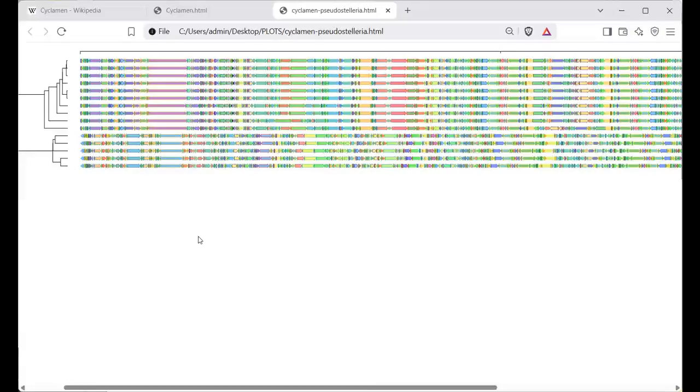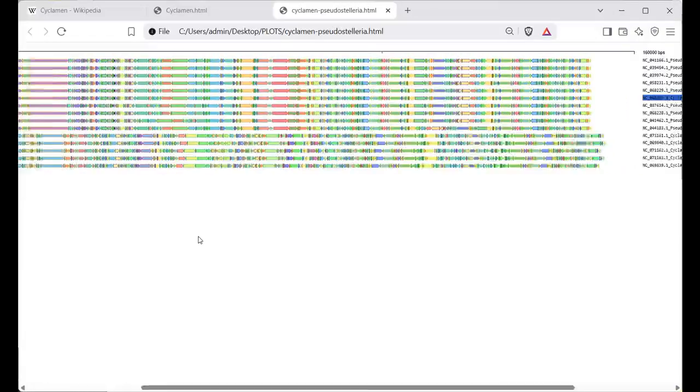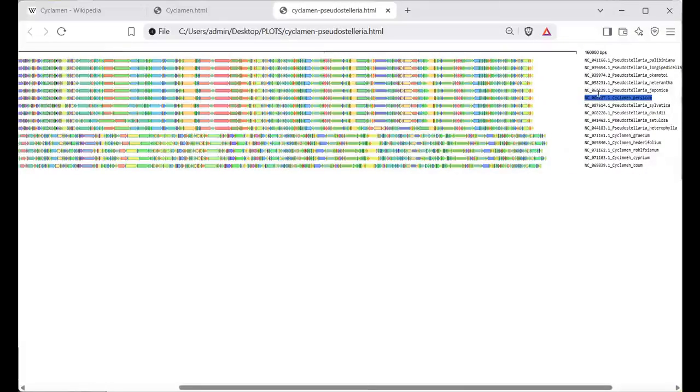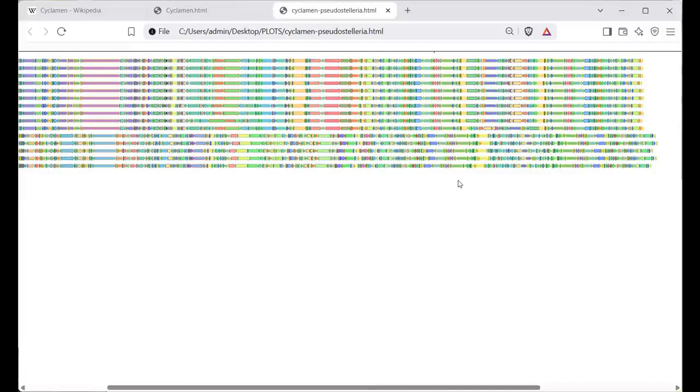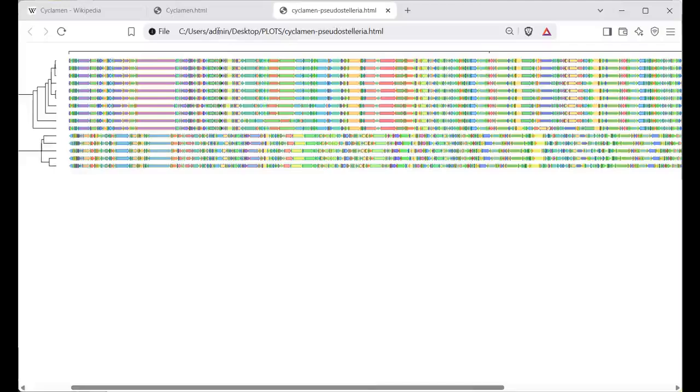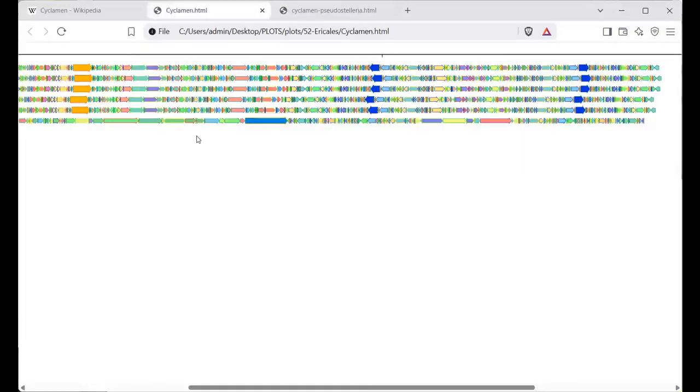And this leaves you with no doubt that this particular plant was actually pseudostellaria misidentified as cyclamen in the NCBI database. So this turned out to be the explanation for a large number of those completely mismatching plants.